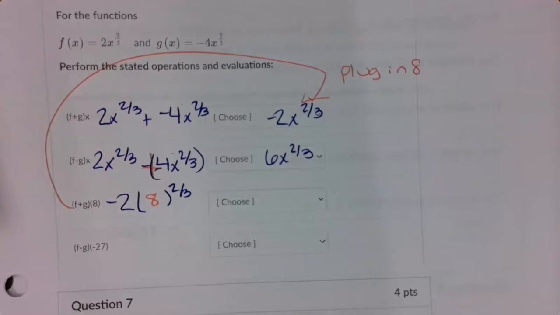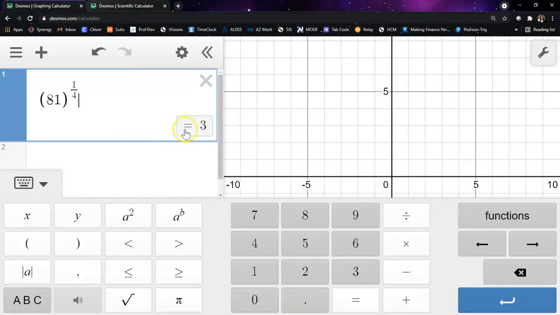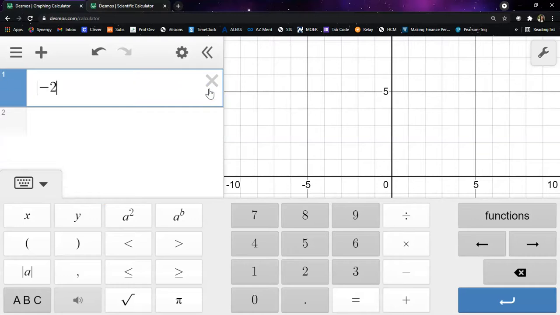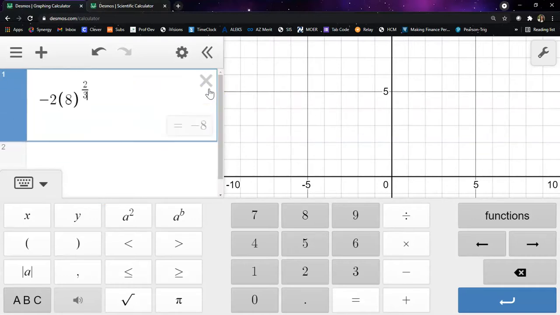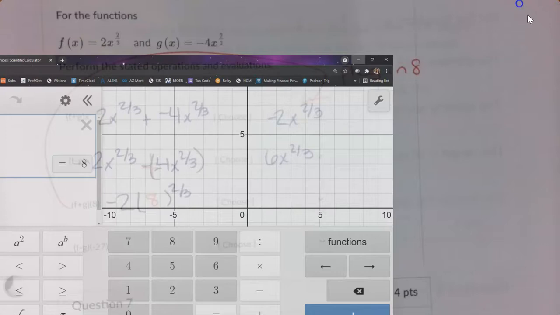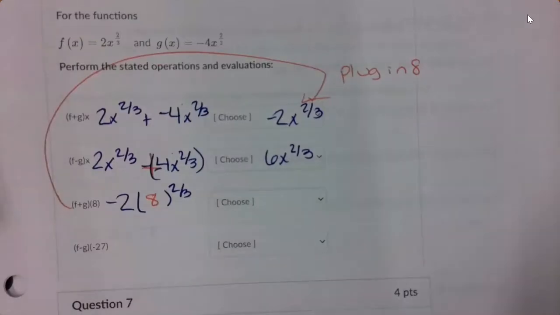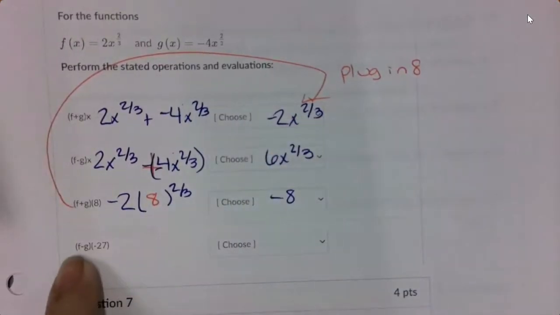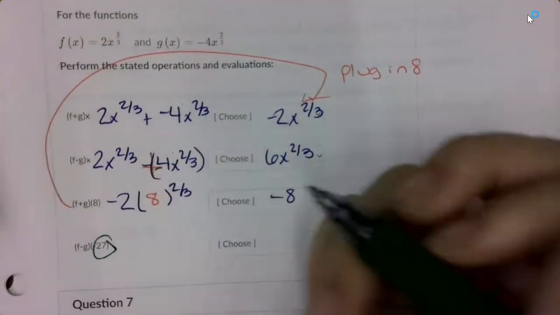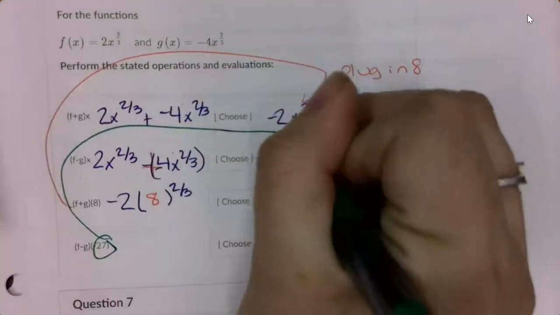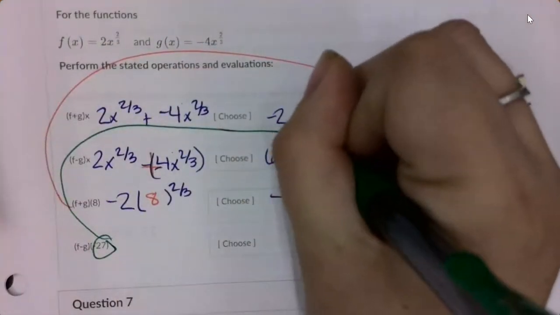So I can go ahead and type that into Desmos. Which gets me negative 8. The next one is plugging in 27 into the negative 1. That's negative 27.